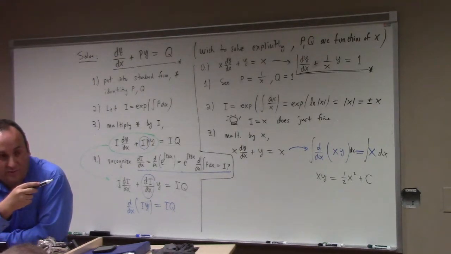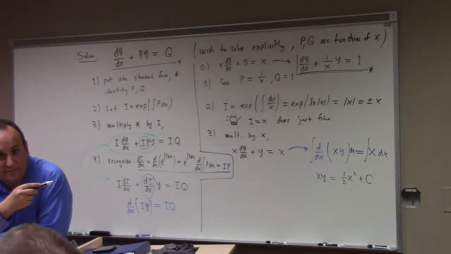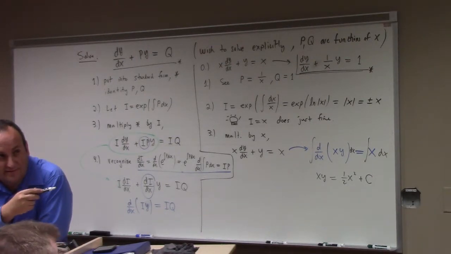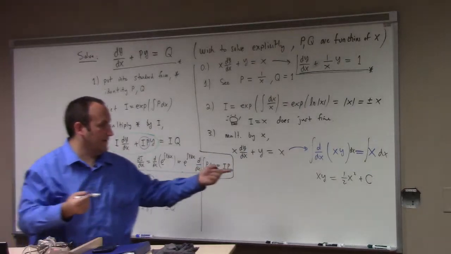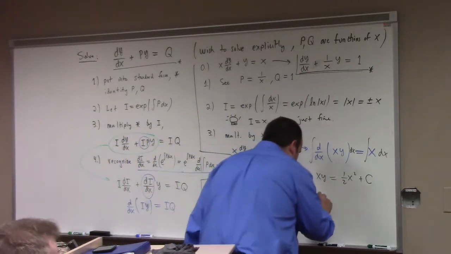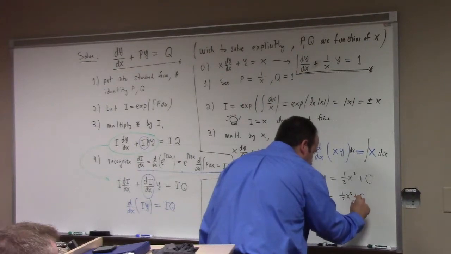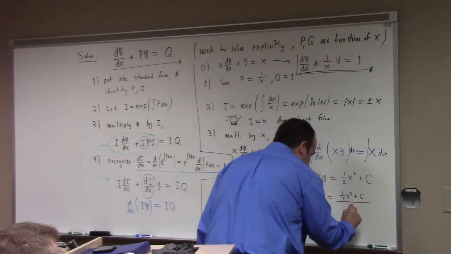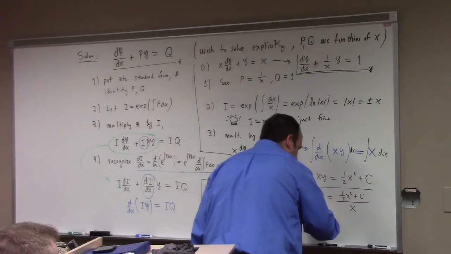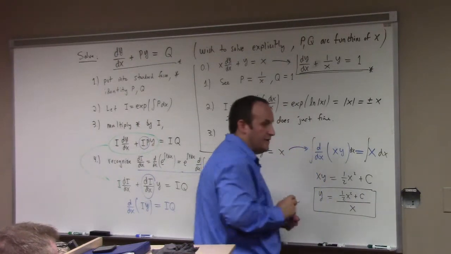What we're going to see when we solve for y is that we don't have function plus constant. That constant will get intertwangled, if you allow me to use a technical term, with the function of x. Solve for y, what do you got? You've got y equals (1/2 x squared plus c) divided by x. And that is your explicit general solution right there.